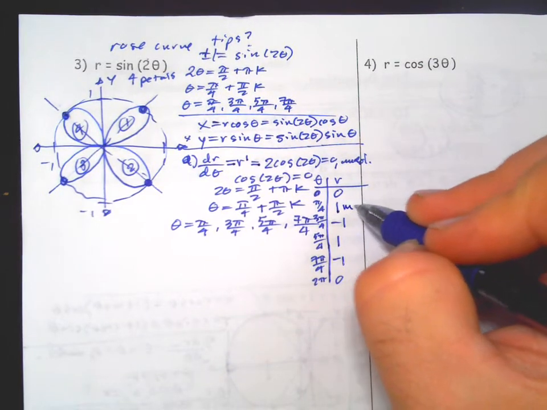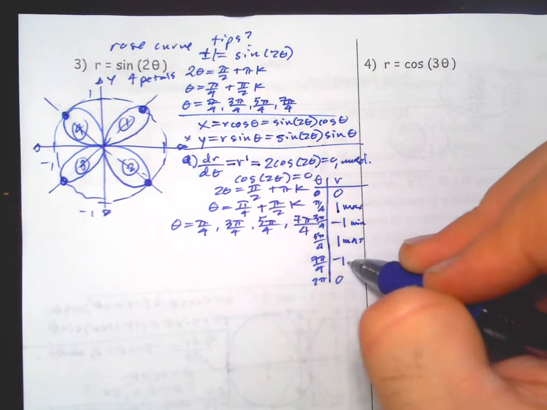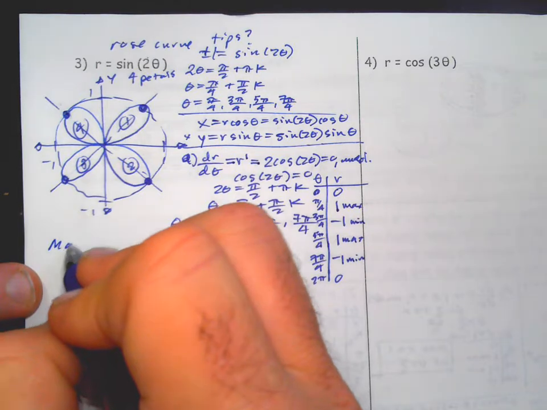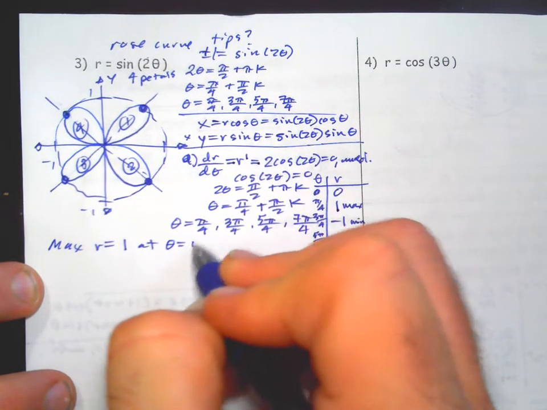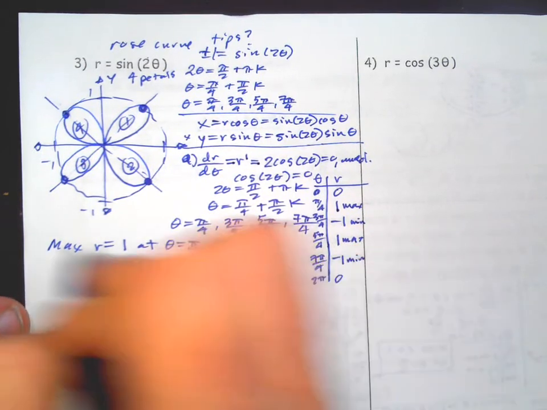So here's your max. And the min radiuses actually happen at those extreme points too, because they're the most negative backwards radiuses. So the max r equals 1 at theta equals pi over 4 and 5 pi over 4 by extreme value theorem.